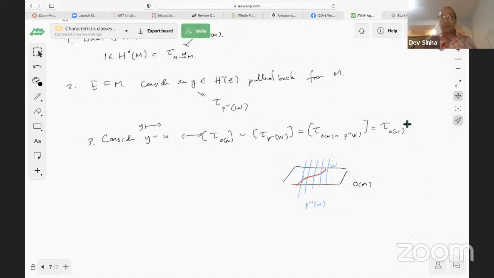That was a famous, quote unquote, mistake of Thom to consider that, and that actually started a lot of interesting work, which we'll talk about next time. But anyway, this at least illuminates why there should be such an isomorphism.